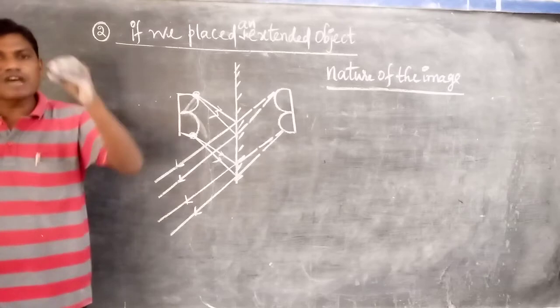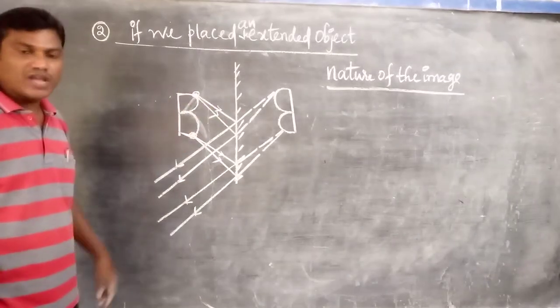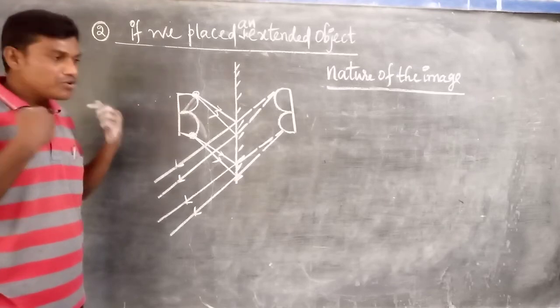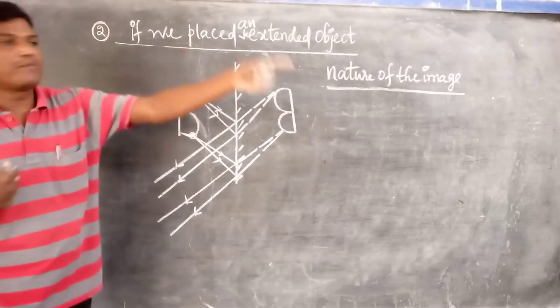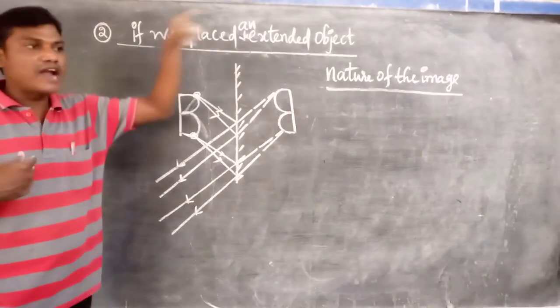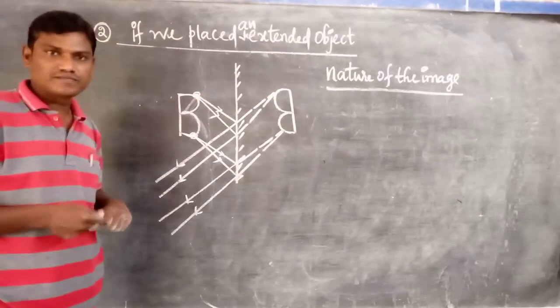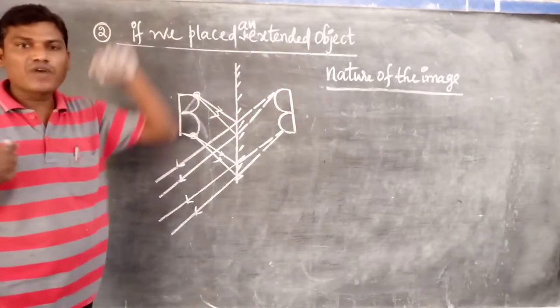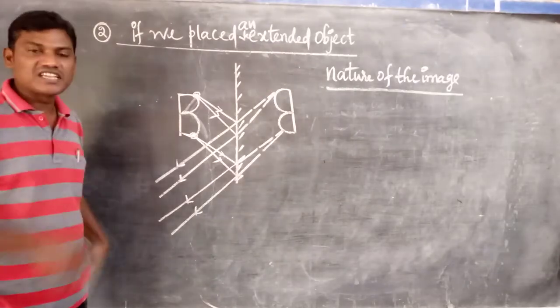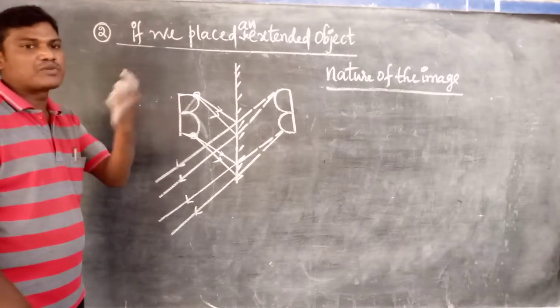But in the case of an extended object, for example, if you are the object and stand in front of a plane mirror, at that time our image will be formed behind. That's why a virtual and erect image will be formed, behind the mirror. And what is our size? The same size will be formed in the mirror. And one more thing is also observed: left appears to right, right appears to left.